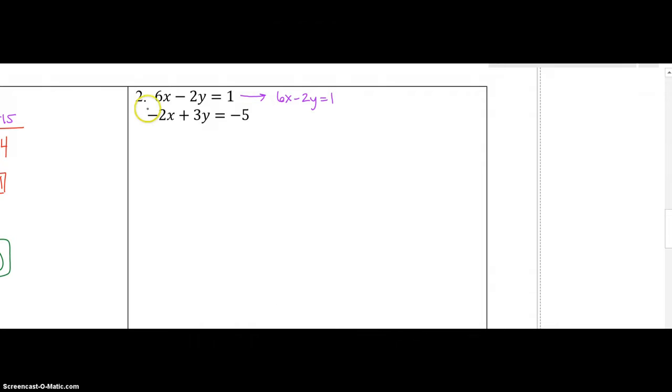The bottom equation, however, is going to be multiplied by 3. So you get negative 6x plus 9y equals negative 15. Again, make sure you multiply all pieces by whatever the number is on the outside of the parentheses.